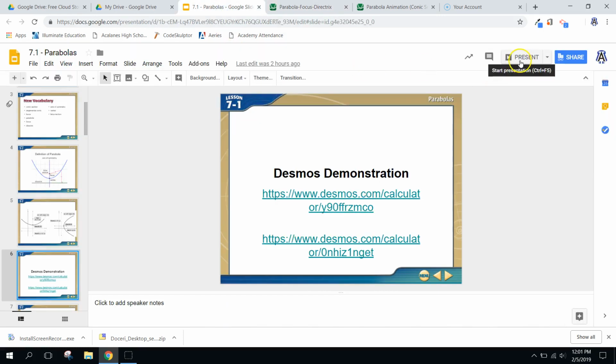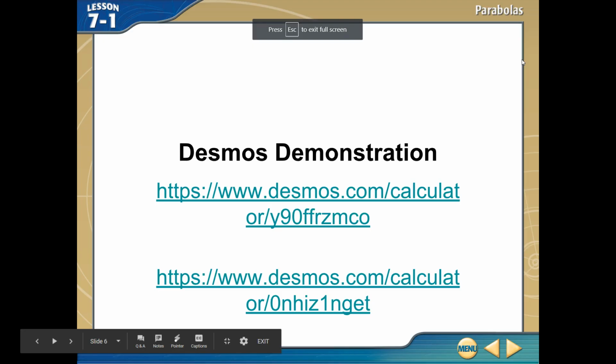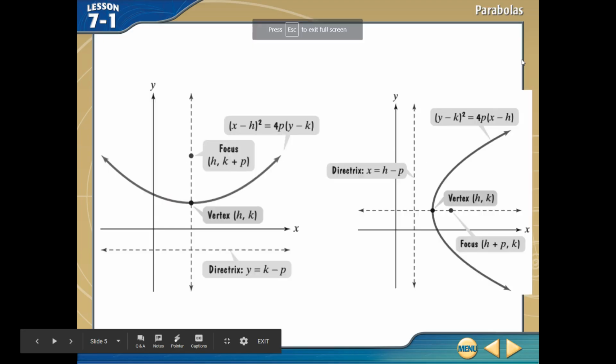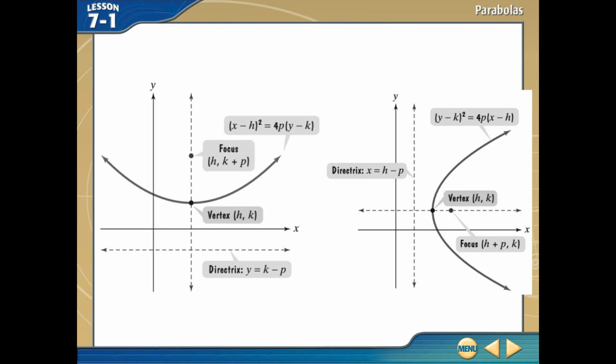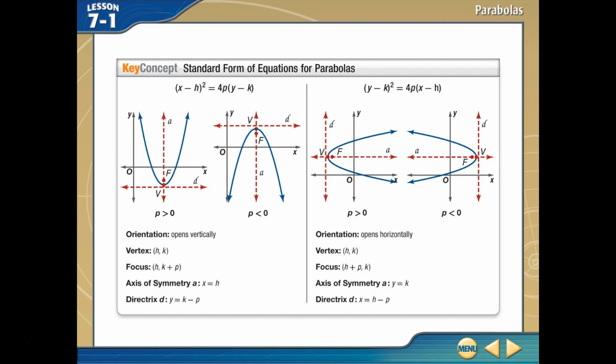All right, so let's look at some of the math as we go through this. Again, we're basically fitting all of these back to this original equation, trying to find that p value and trying to figure out what our center point is. This is the graphic from the book, same thing that we had before. What we want to notice is that we also have an axis of symmetry, that line down the middle.